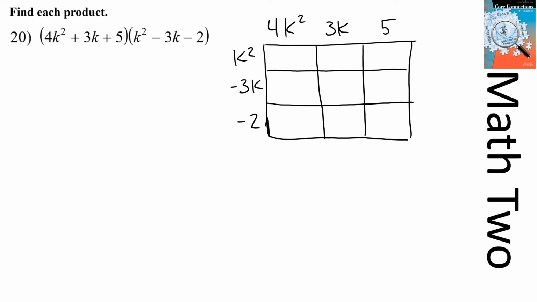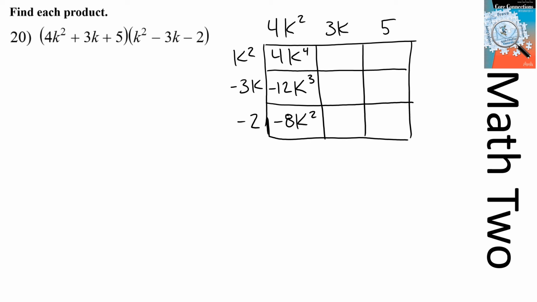So as we multiply through here, in the first upper left-hand corner, I've got a k squared times 4k squared, which would be 4 times k to the fourth. Directly below that I have 3k times 4k squared, which would be negative 12k to the third. And below that, when I multiply 4k squared by negative 2, I get negative 8k squared.